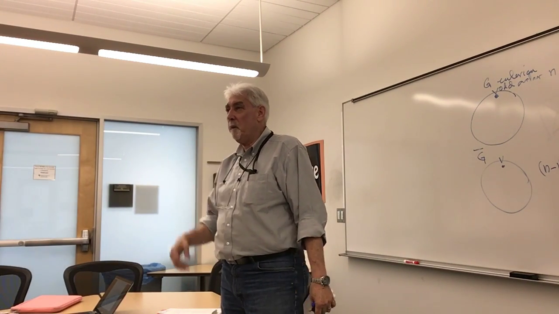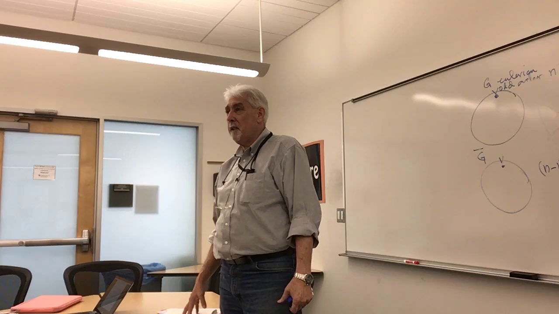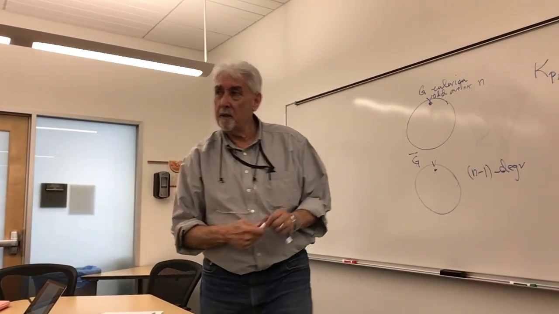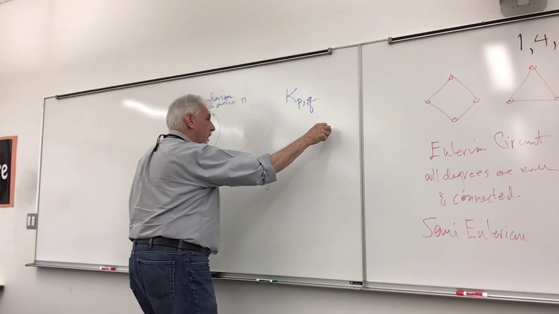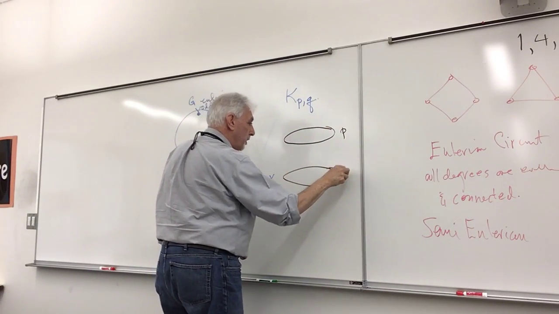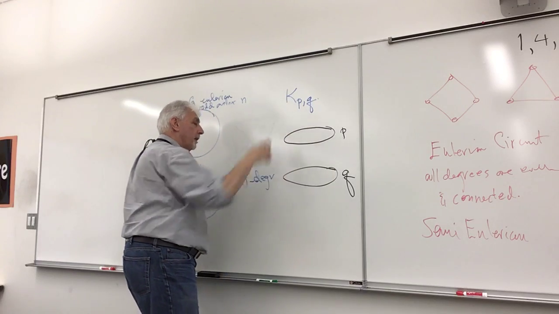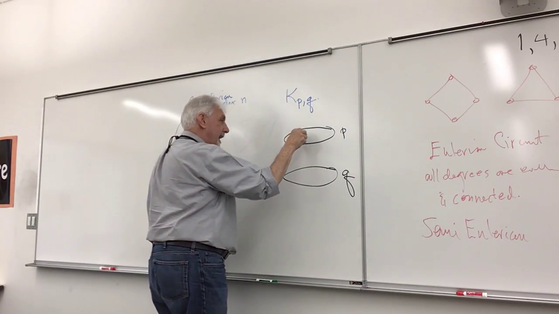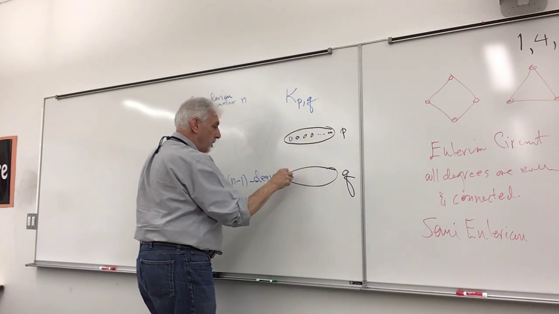Come on, I know you know. No, it's like two graphs, one with P vertices and one with Q vertices. Okay, so I have P vertices and Q vertices, and what does the K mean? It's complete. Now, it's not a complete graph, right? Because these are all independent.